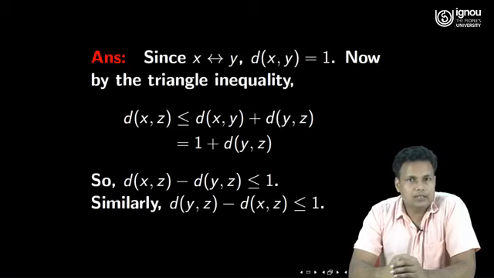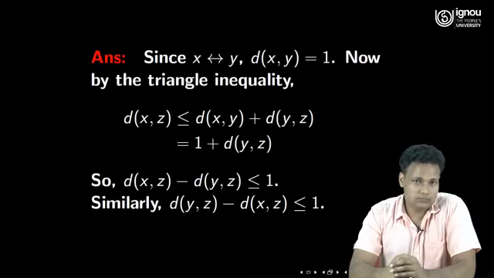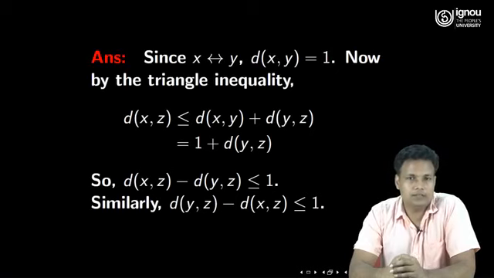So now if you just take dyz to the left hand side, you will get dxz minus dyz is less than or equal to 1. In the same way, we can show that the distance between y and z minus the distance between x and z is also less than or equal to 1, and therefore the absolute value of this difference is also at most 1.